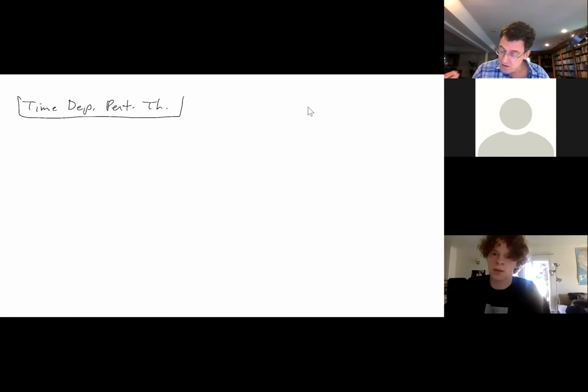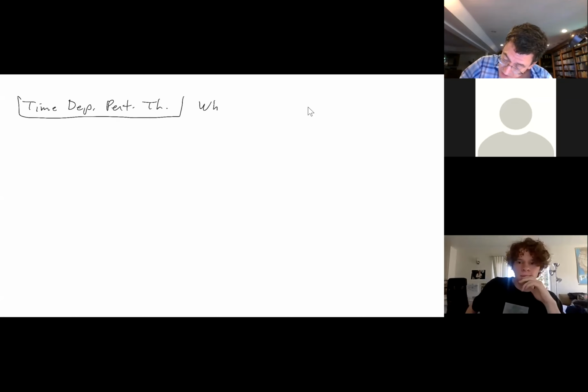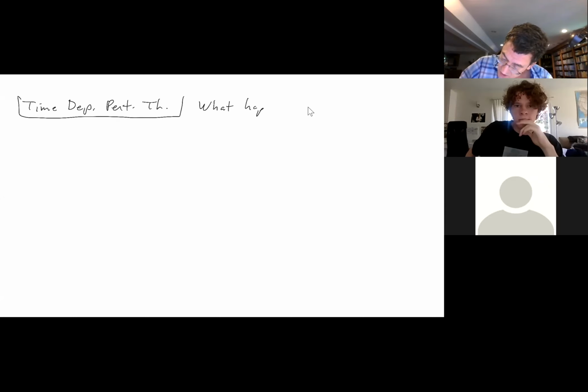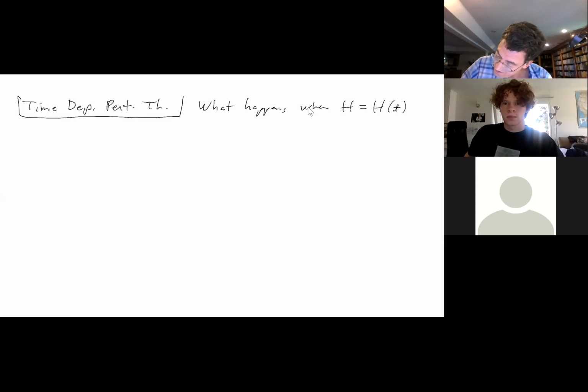The point that we want to understand is what happens when things change with time. Things change in time when the Hamiltonian of a system has a time dependence, and that causes things to change in time. I think that's kind of obvious.